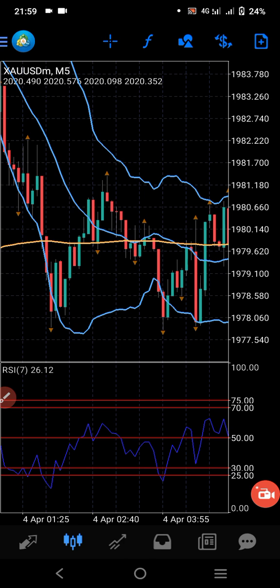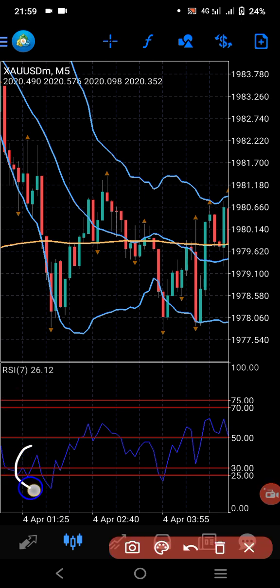The market was going up, it was coming down, before it eventually began to go up from this point. That is when we also see the market begin to go up. So this is how we can use these two strategies together.